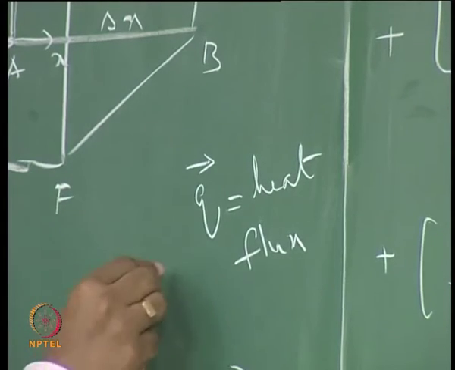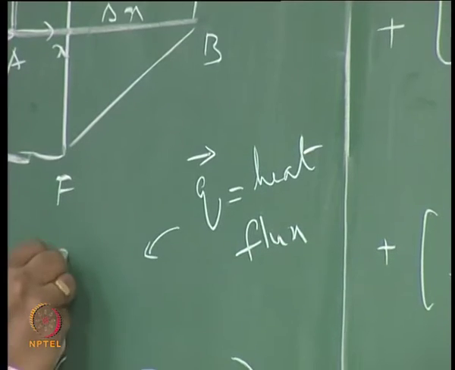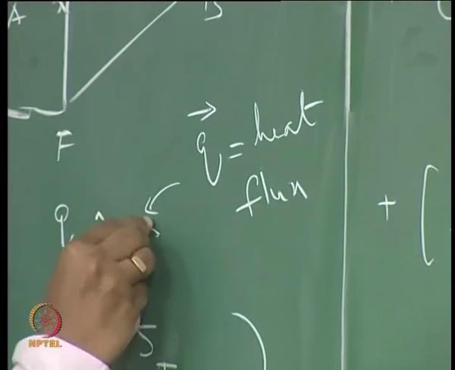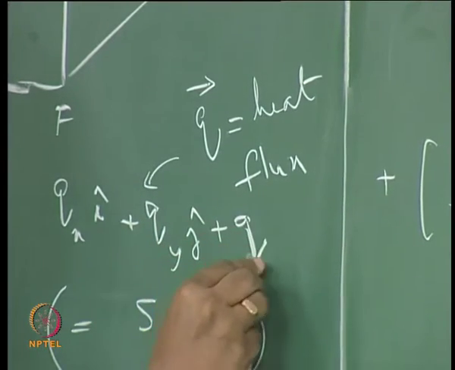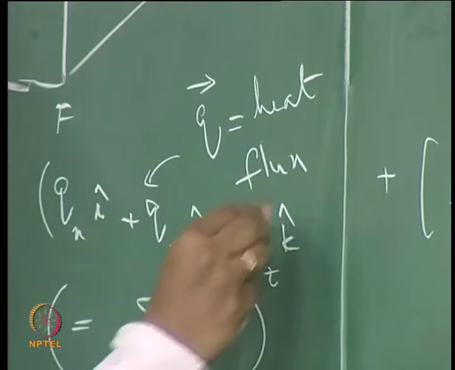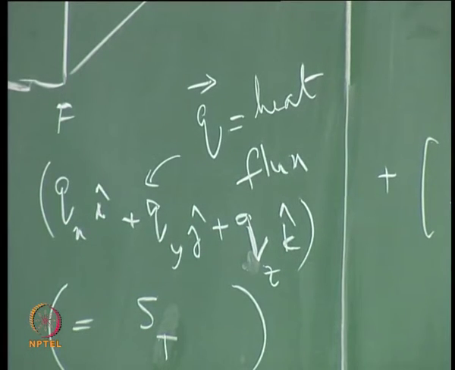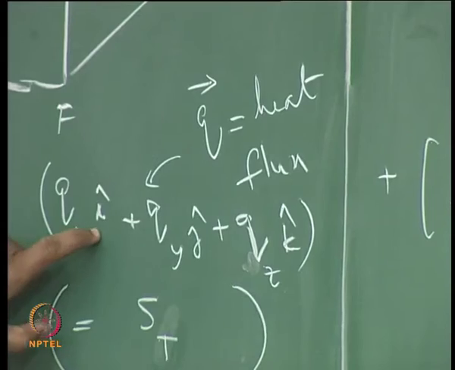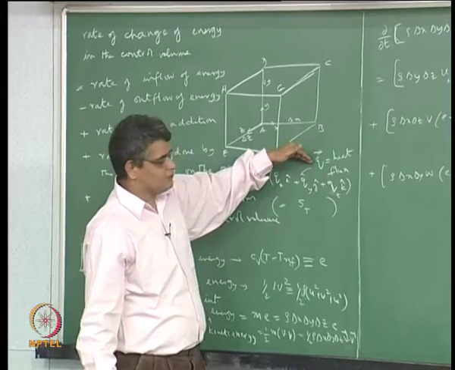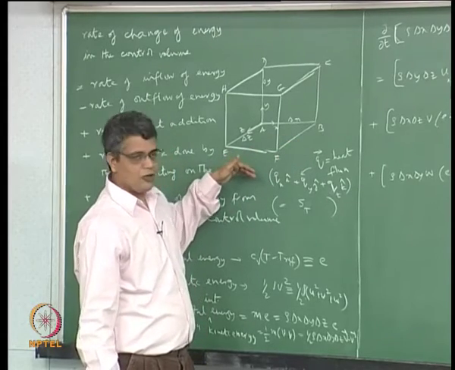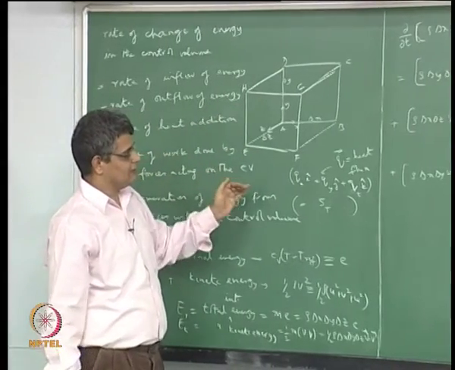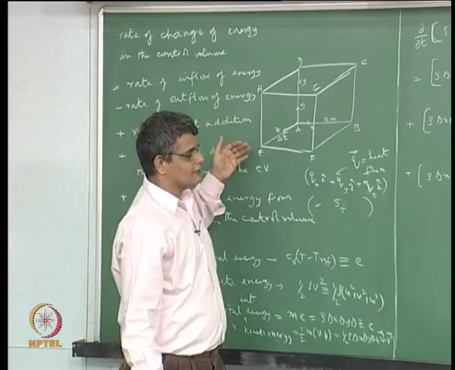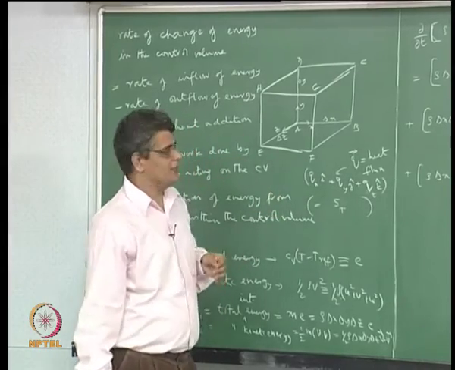So this has 3 components, Qx i plus Qy j plus Qz k. Since flux is a vector quantity, there is a component in the i direction, j direction and k direction. So this heat flux vector has to be dot producted with the area normal vector in order to find out how much heat is coming in through that particular face.